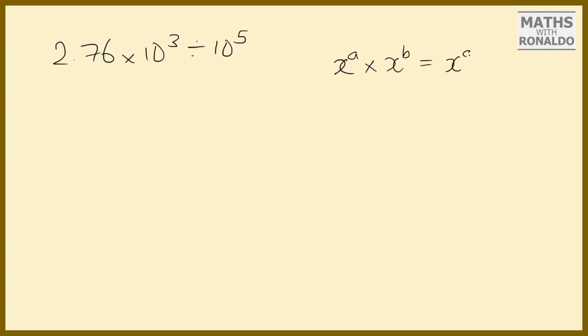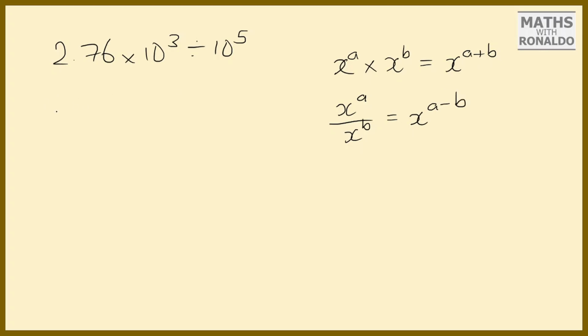Sometimes you may get asked to convert between standard form and the normal way of writing numbers. So if we have 2.76 times 10 to the power of 3 divided by 10 to the power of 5, well, first let's make a note of the following rule. X to the power of a times x to the power of b is the same as x to the power of a plus b, and x to the power of a divided by x to the power of b is the same as x to the power of a minus b.